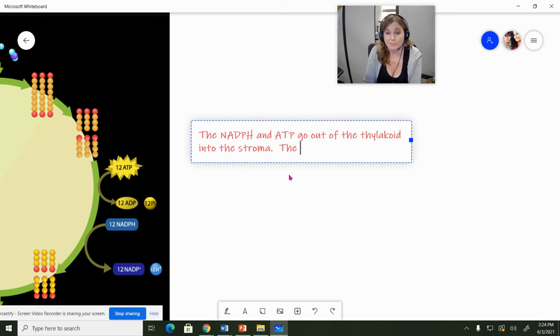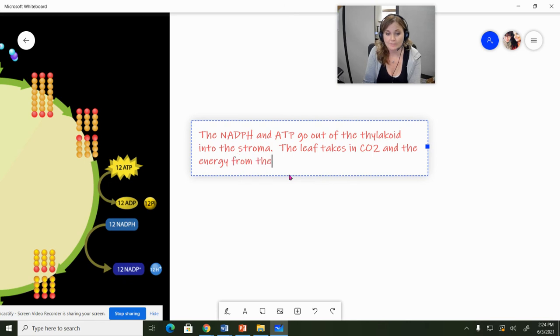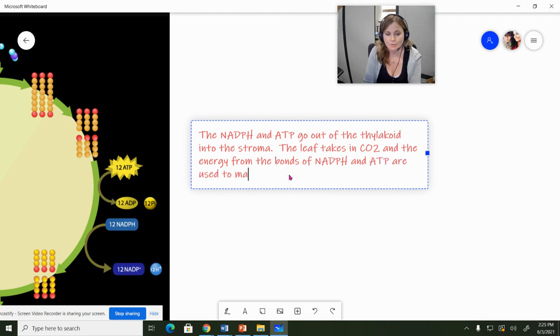The plant, or the leaf, I'll say, takes in CO2 and the energy from the bonds of NADPH and ATP are used to make sugar, which is C6H12O6.